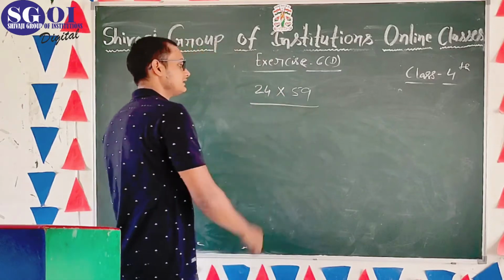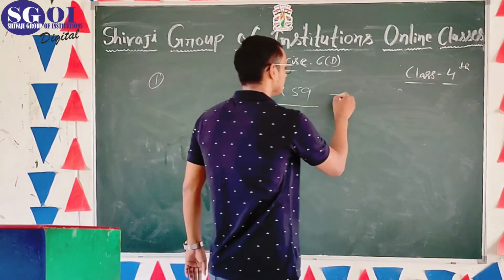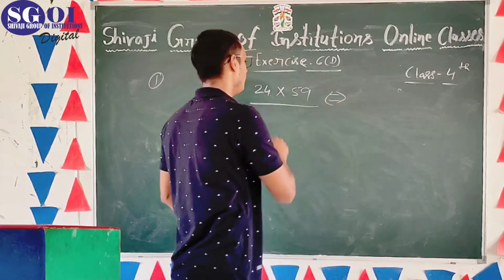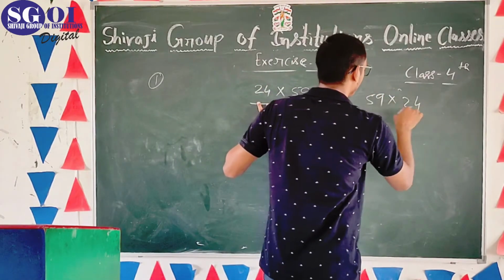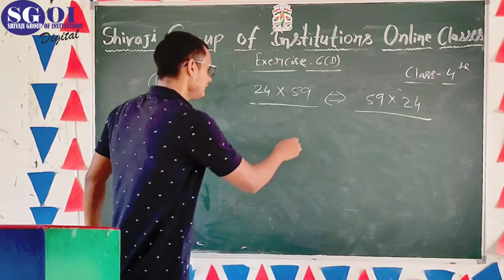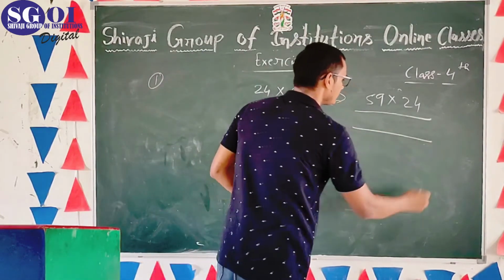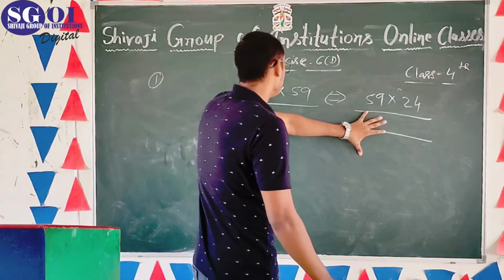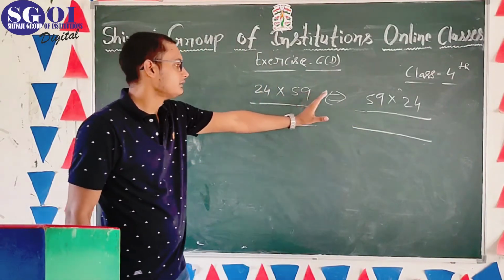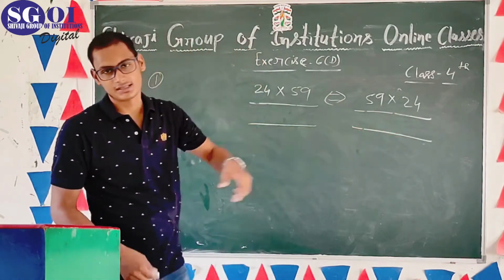If we multiply it, and the other one, if we change the order, 59 multiplied by 24, then the product doesn't change. Then the answer doesn't change.